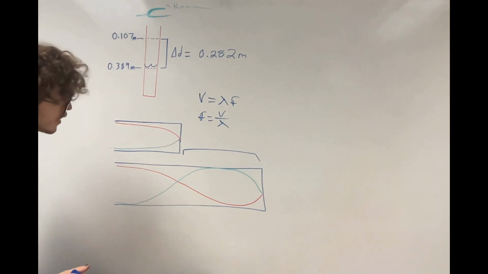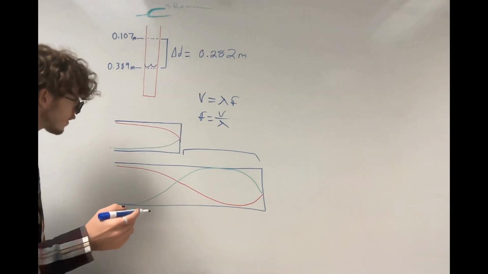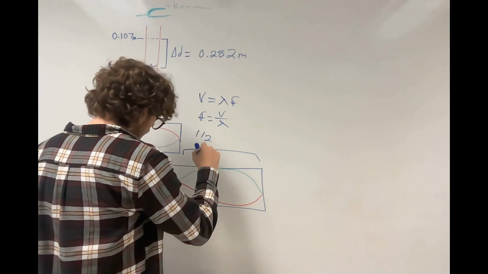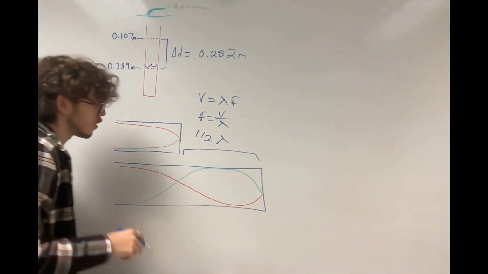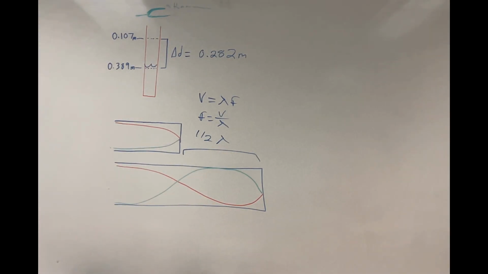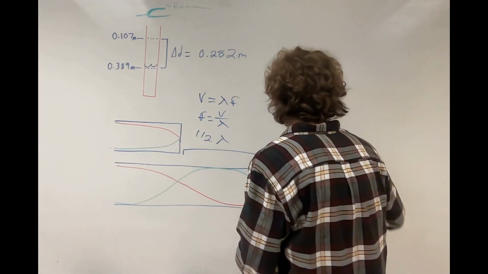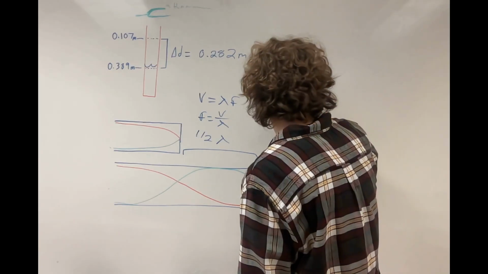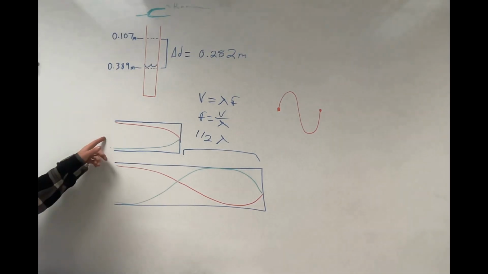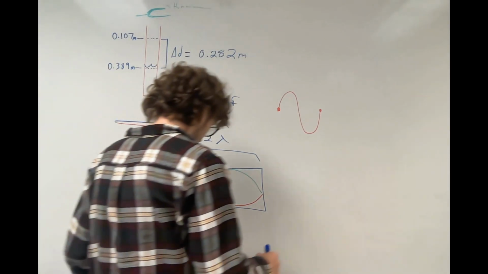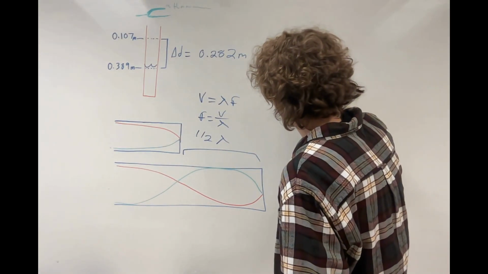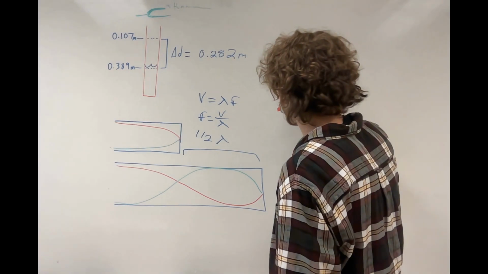So what we can do here is say, okay, this wavelength is roughly going to be 1/2 lambda. Why can we say this? Well, let's think about the wave itself. Let's think about one wave. So for our first fundamental frequency, we're going from an antinode, so max amplitude, down to a node, 0.